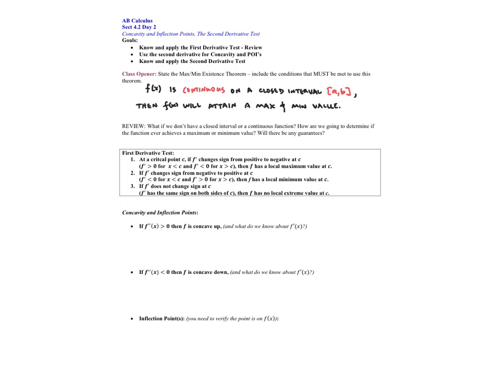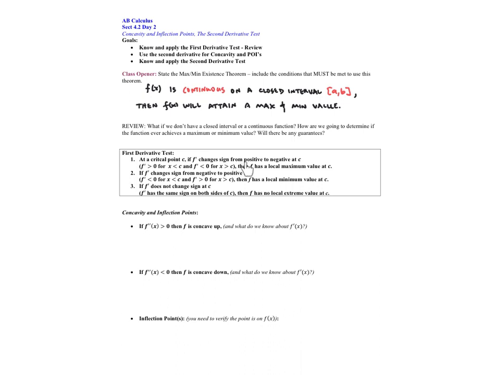Okay, so let's talk about the first derivative test, something that is review at this point. Scenario 1 would be that f of x has a local maximum at an x value of c. That happens at a critical point c, where f prime of c is either 0 or does not exist.